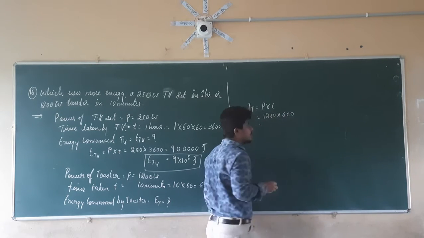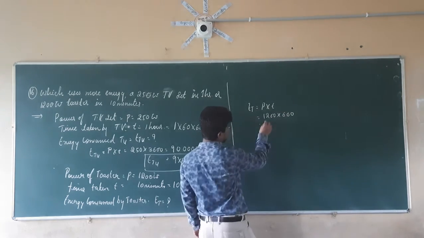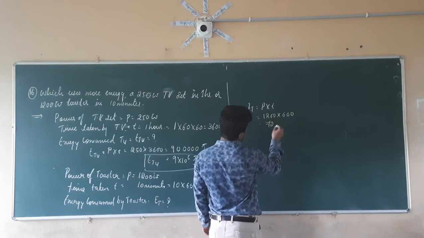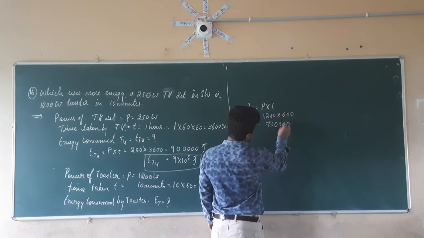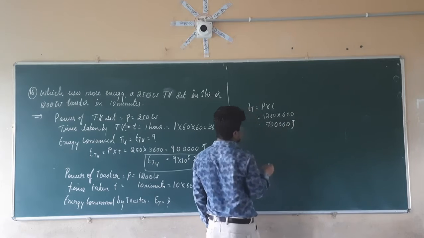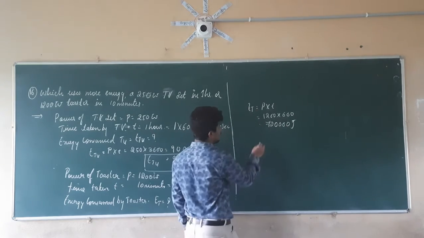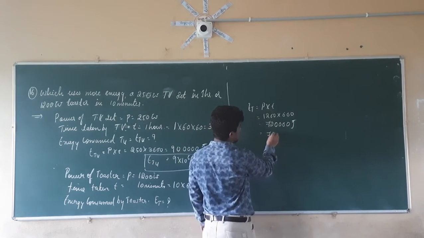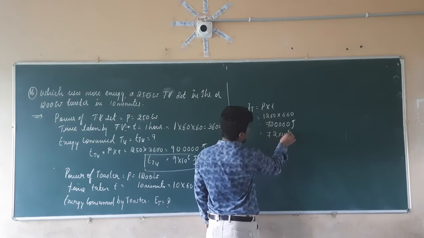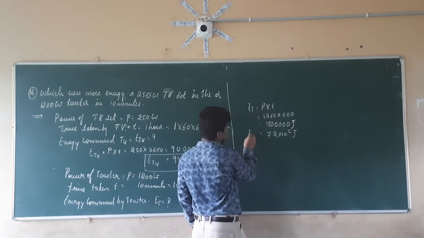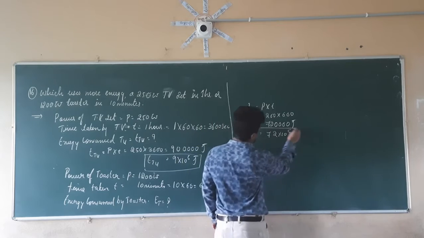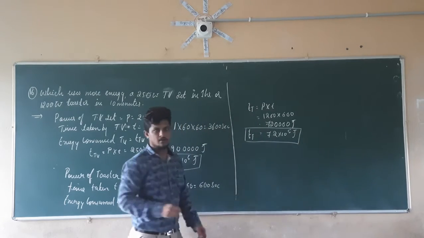So 6 12 how much? It is equal to 7 into 4 zeros, 7,20,000 joules, that is equal to 7.2 into 10 raised to 5 joules. So E_T is equal to 7.2 into 10 raised to 5 joules.